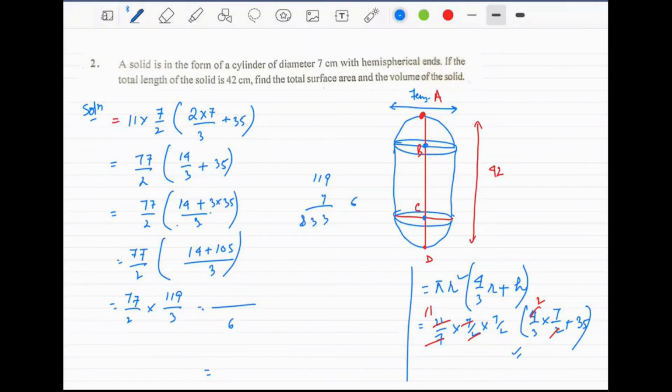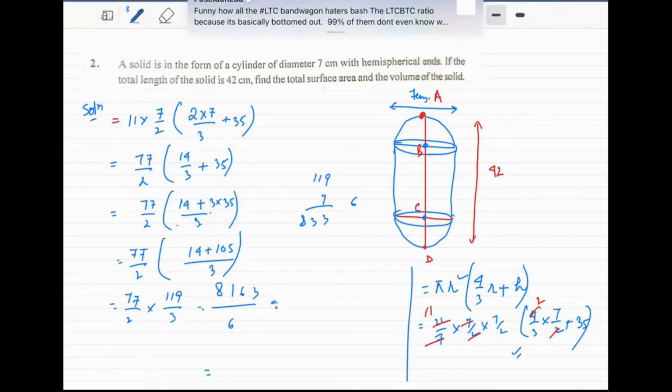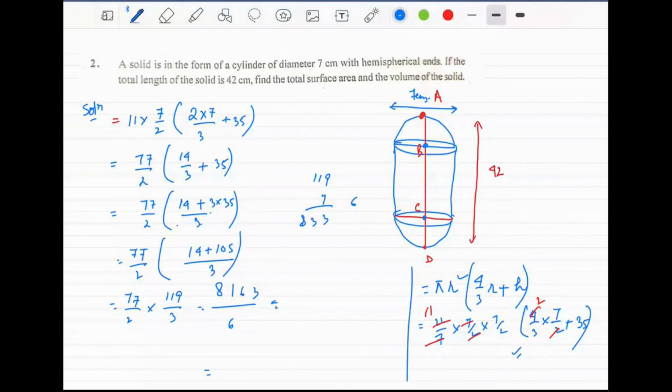We will have 8, 1, 6, 3. Okay, final value, you calculate this: 8163 divided by 6, right? Continue copying, okay? It's just multiplication and division. No big issue there.